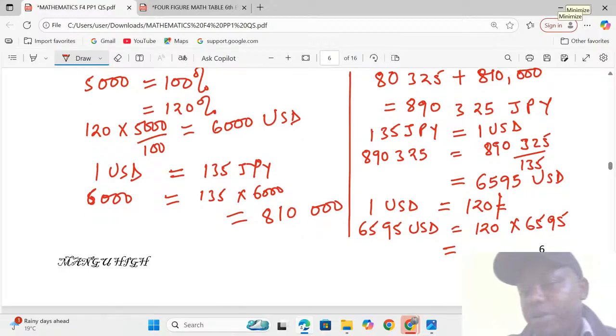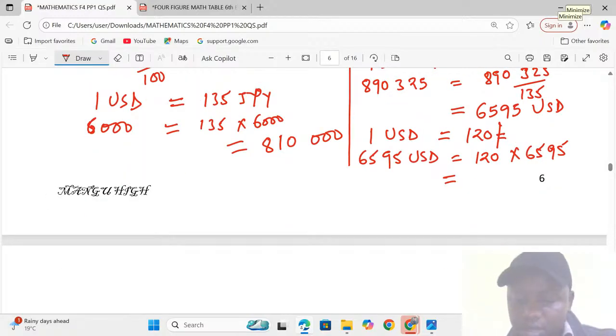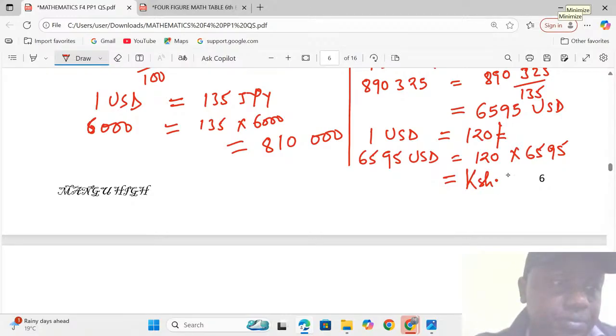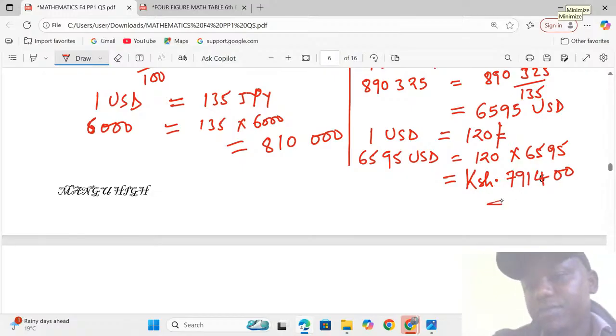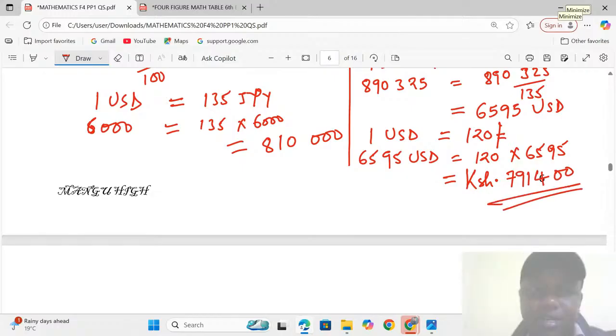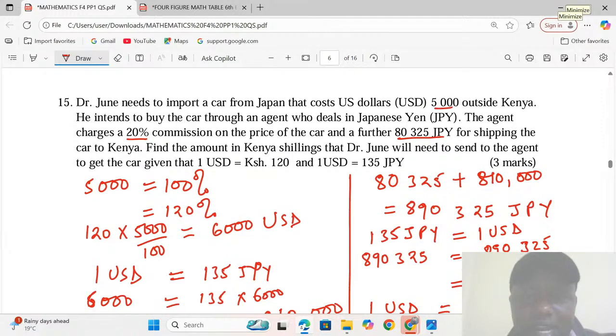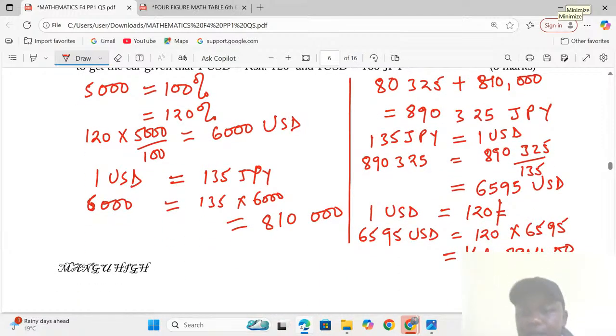So when we multiply these, guys, I'm getting Kenya shillings 791,400. Yeah, that is it.